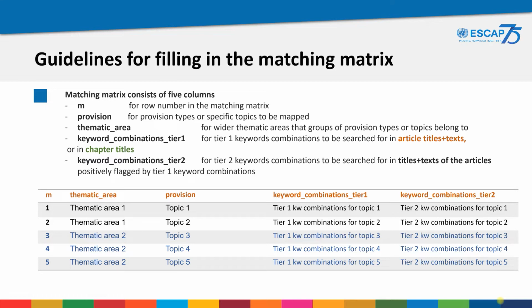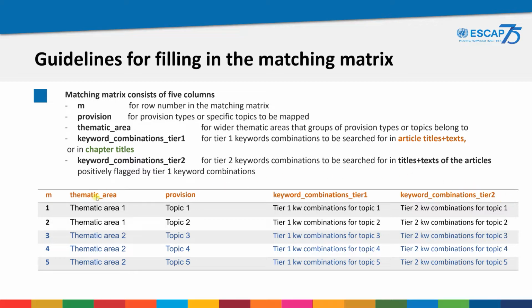The matching matrix for this mapping option naturally has a different structure, and you can see it now on this slide. It has 5 columns. There is a column titled Provision, where you consecutively include the topics or provision types that you want to map. And then there are 2 columns for each topic, where you can include 2 sets of keyword combinations, Tier 1 and Tier 2.